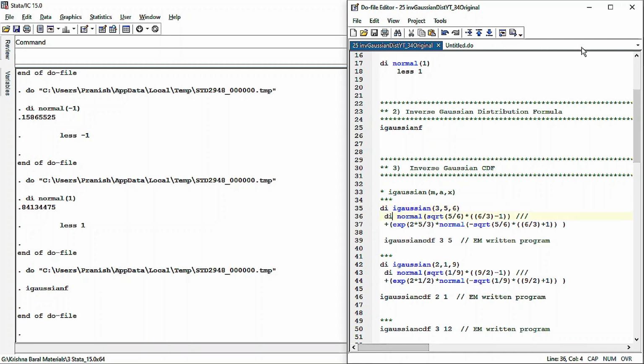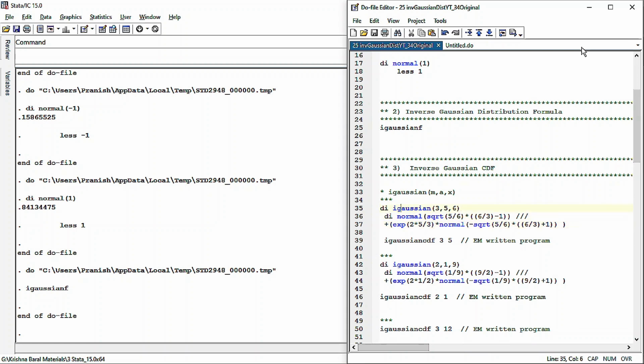And below we have a generic formula, normal, which calculates the CDF of the standard normal distribution for this value, the square root of 5, our a, divided by x, into x divided by m minus 1, and again e to the power twice a divided by m, and again the standard normal CDF for this value, minus the square root of a divided by x, into x divided by m plus 1.